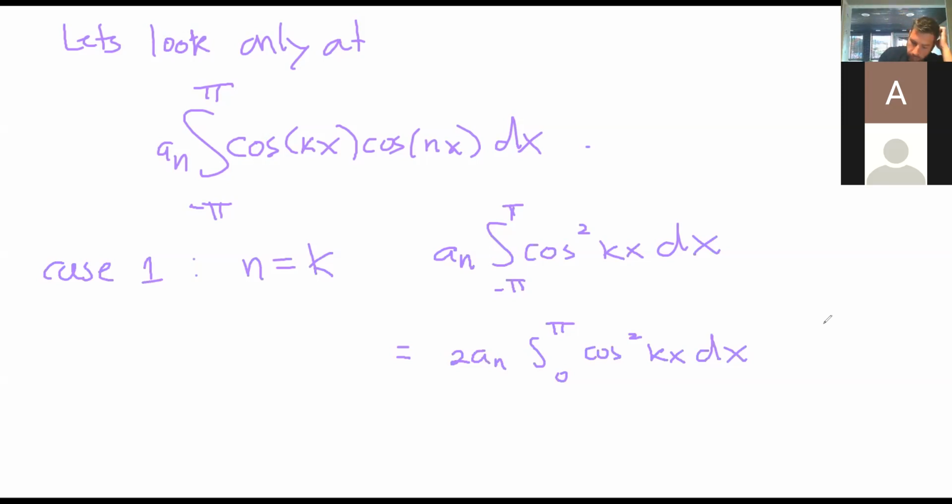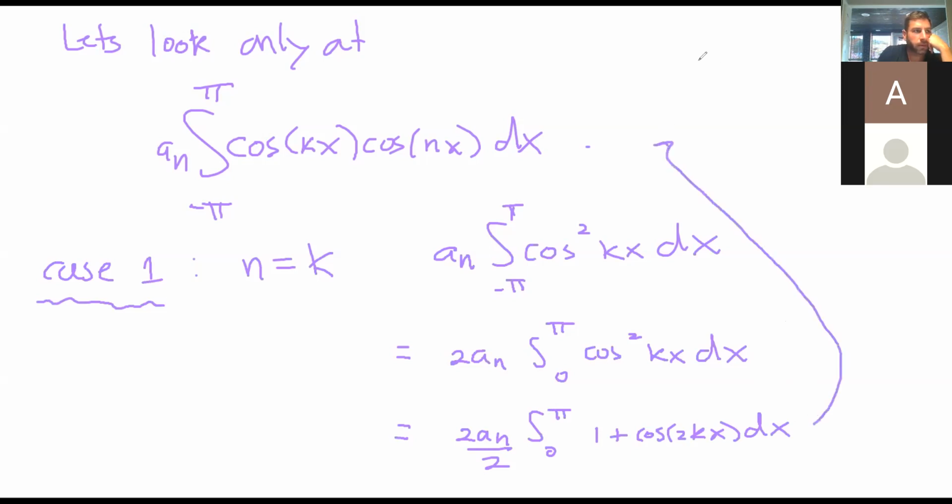Now, how do you integrate this? This is, again, a Calc 2 integral. So you're going to write this as 2 a sub n, and then the integral from 0 to pi. You pull out the 1/2, and then it's 1 plus the cosine of 2kx dx. So we're using that double angle formula. Well, this is not difficult to integrate. This is a sub n, and then the first guy, you integrate 1, it becomes pi.